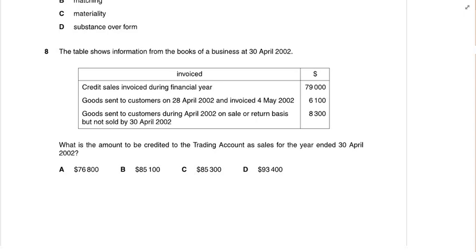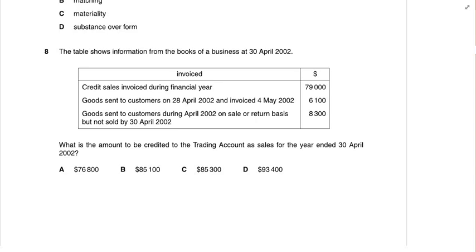Then goods sent to a customer during April 2002 on a sale or return basis, but not sold by 30 April. So those are not supposed to be treated as sales or revenue. Right, so what is the question saying? What is the amount to be credited to the profit and loss as sales for the year ended 30 April 2002?